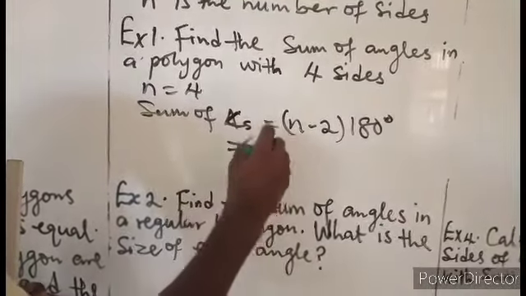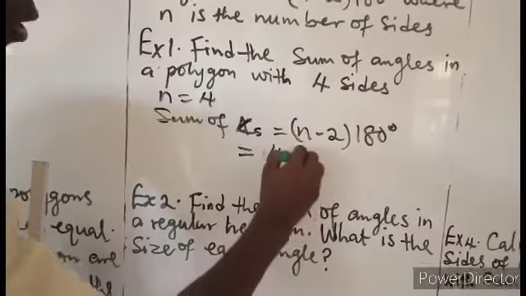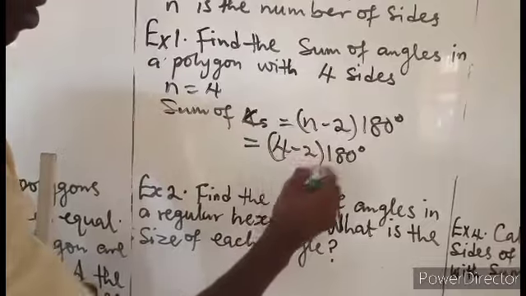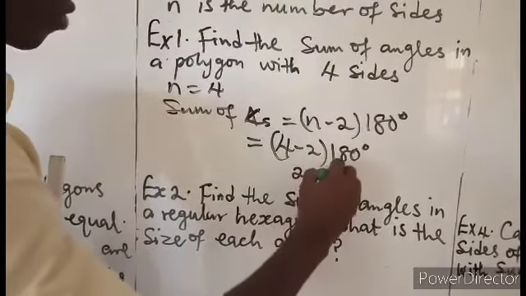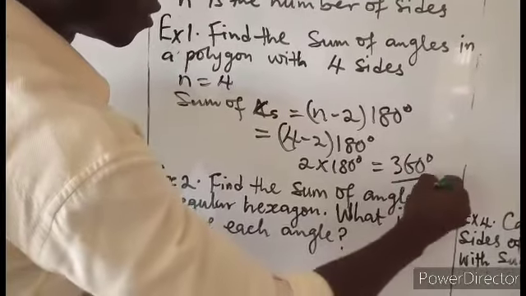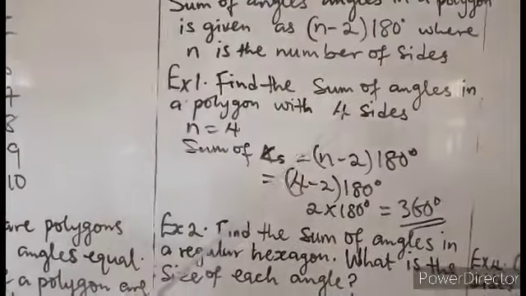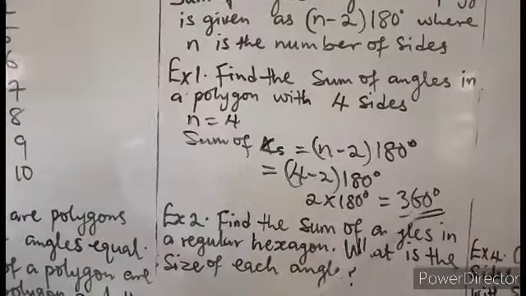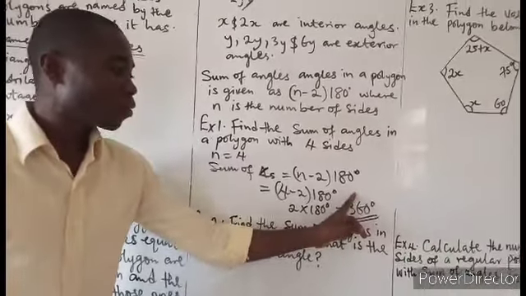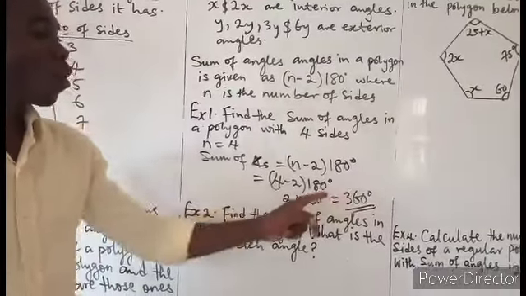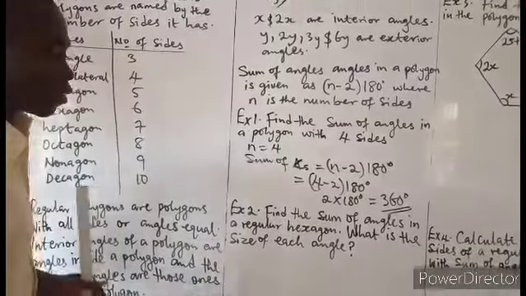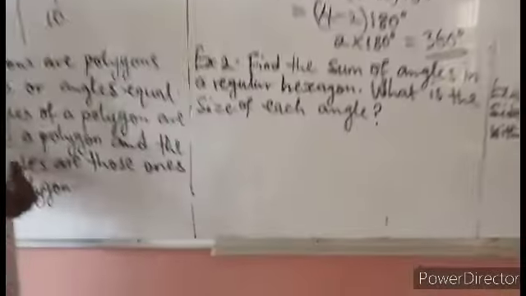So we have (4 minus 2) times 180 degrees. 4 minus 2 is what? 2. 2 times 180 degrees is equal to what? 360 degrees. So the sum of the angles in a four-sided polygon is equal to 360. That means in a square or rectangle or parallelogram or trapezium, the sum of the angles must be equal to what? 360.